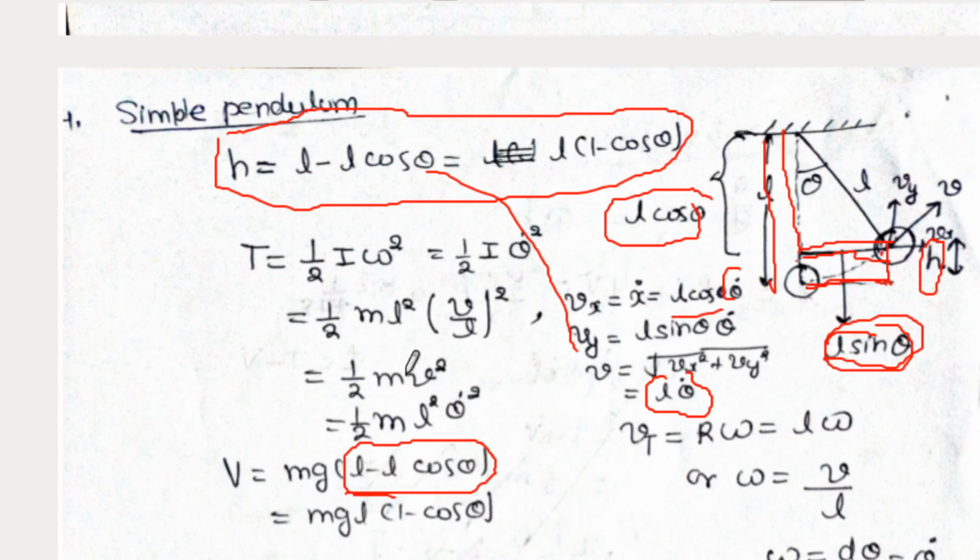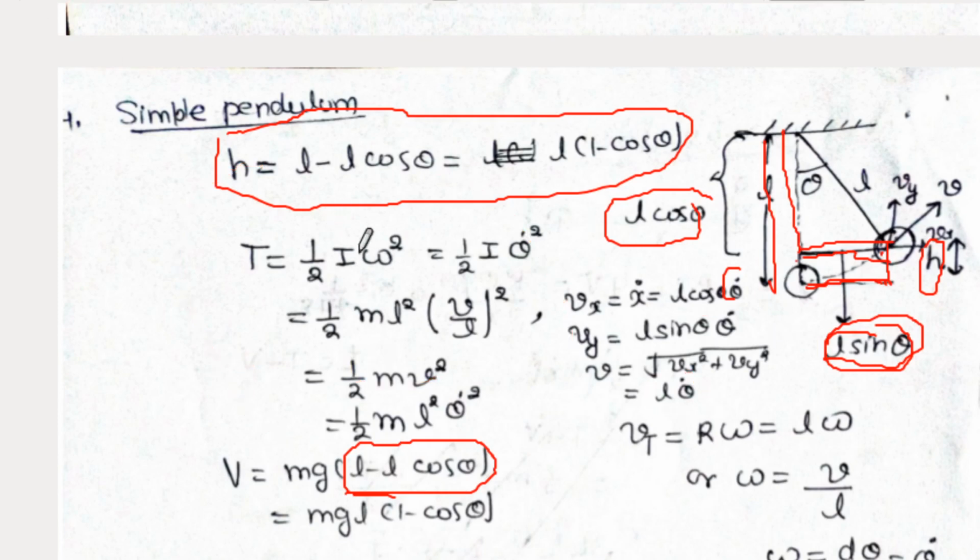So we can write its kinetic energy will be half m v square. So v we have calculated already. So this is equal to half m L square theta dot square, and potential energy will be mgh. So h is here: m g (L minus L cos theta), and when you take this L common in the above expression, you will get mgL(1 minus cos theta), right?